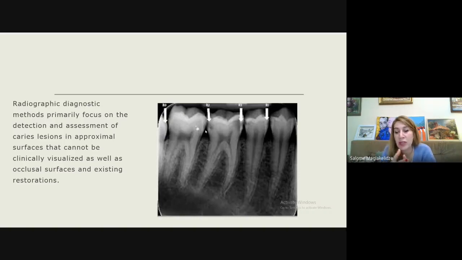So we trap food here for hours. Maybe somebody eats his lunch at 3 p.m. and when he gets home in the evening, he brushes his teeth maybe at 11 p.m. So now you have all the food you ate at lunch or dinner trapped in the proximal areas.